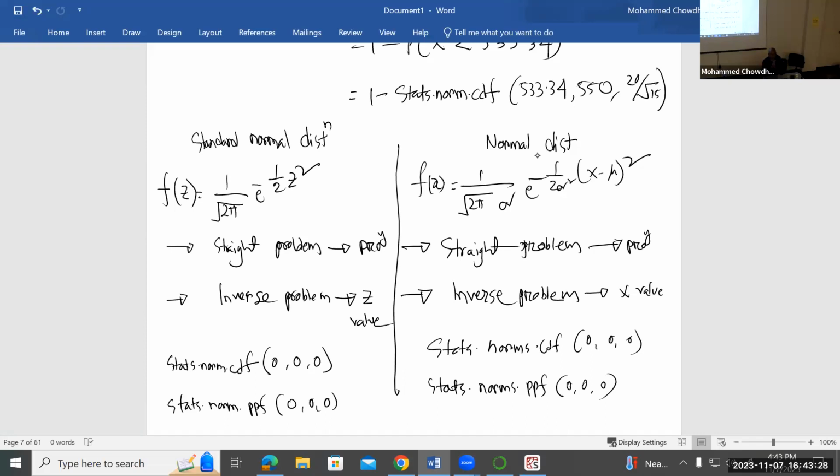The first one, in norm.cdf, is the z value or x value, and the output is the percentile value. For ppf, the inputs are mean, standard deviation, and the quantile probability.